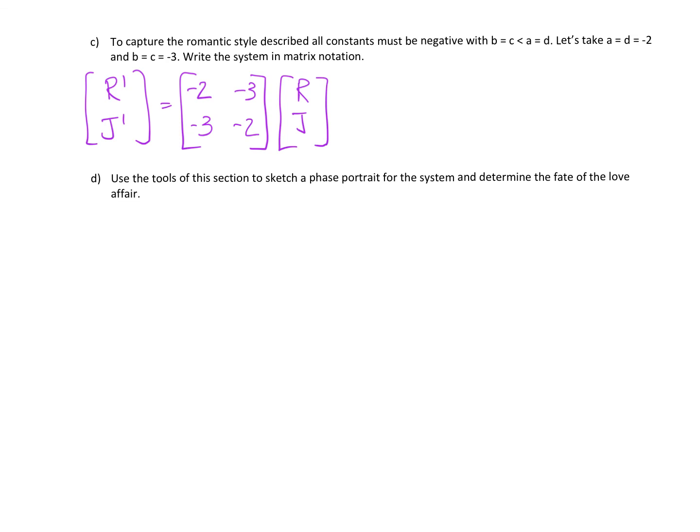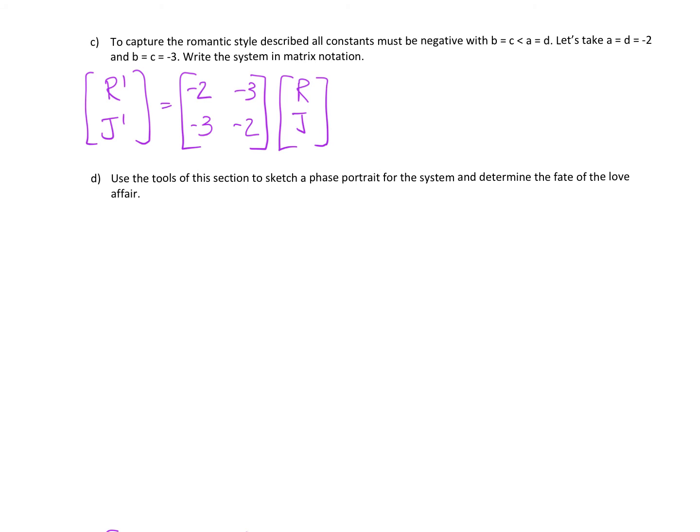So my eigenvalues we find by taking the determinant of A minus lambda I, which is AD minus B times C. So that's going to be 4 plus 2 lambda is 4 lambda plus lambda squared minus 9.